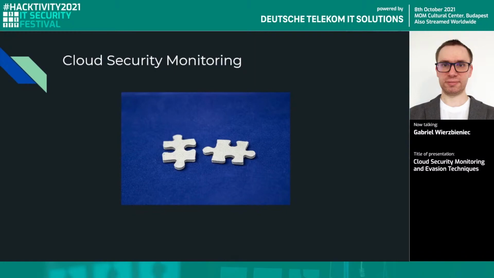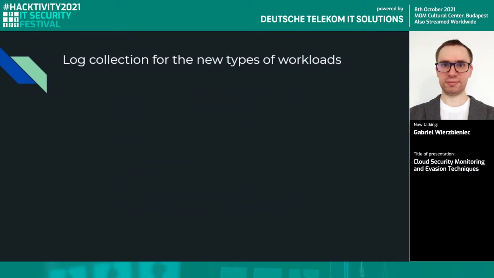So how does it work? For now, let's focus on logging and how cloud logging is different. In the cloud, log collection is a little bit different from configuring a syslog service or installing some kind of an agent.